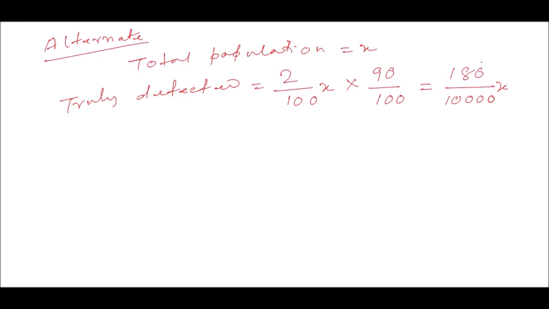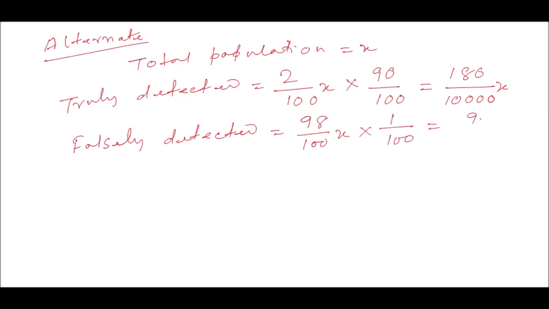Also, they have malaria. And falsely detected people, detected as positive. How many do not have malaria? 98% do not have malaria. And how many of them are falsely detected? 1% are falsely detected.